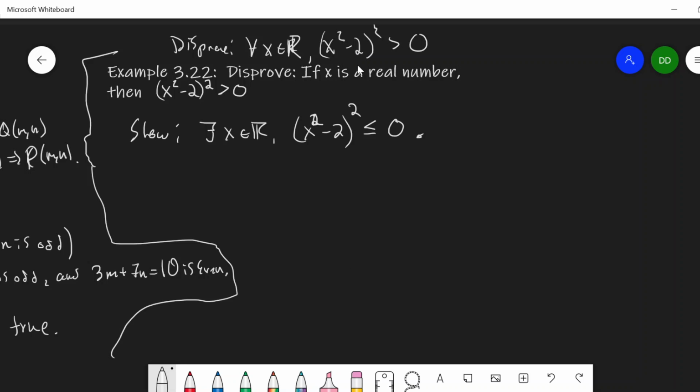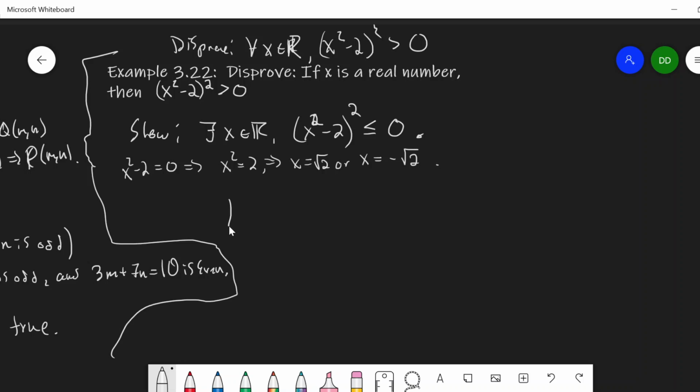So if I can make (x squared minus 2) squared equal to 0, that'll be a counterexample. So I want x squared minus 2 to equal 0, which implies x squared is equal to 2. And so we would have x equals square root of 2 or x equals negative square root of 2. Both of these would be counterexamples.